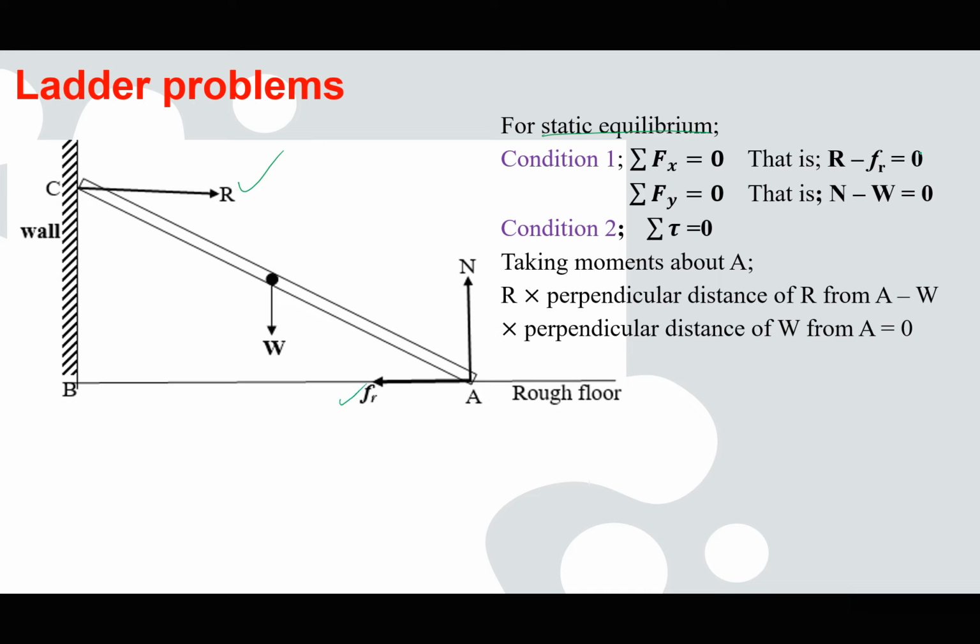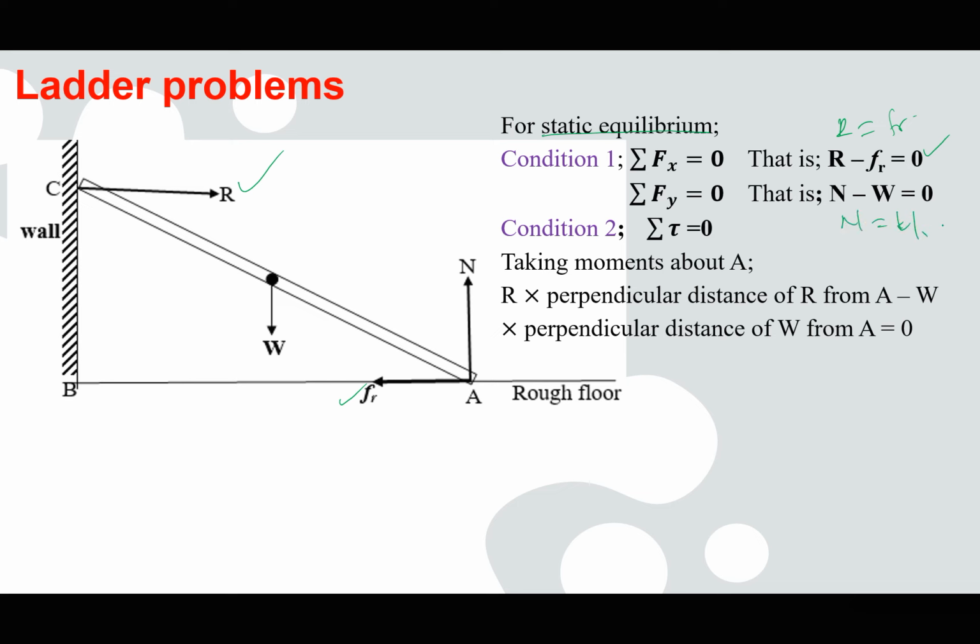So R minus FR is equal to zero, or precisely R is equal to the frictional force. Then in the vertical, they should also balance. The weight downwards should be equal to the normal reaction force upwards. So N minus W should be equal to zero, or simply N equals W.